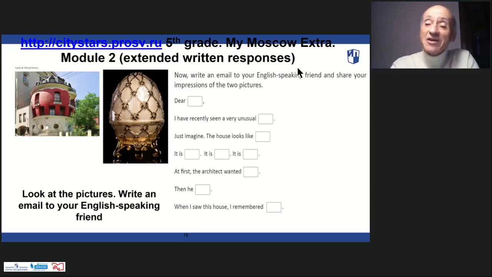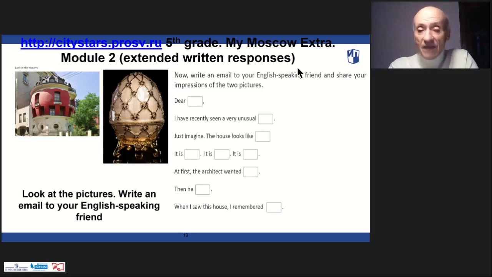They describe the Fabergé egg, and they describe the egg house, and then they write an email to their English-speaking friends and share impressions of the two pictures. What they write is kept on the server, and the teacher can later check the students' answers.